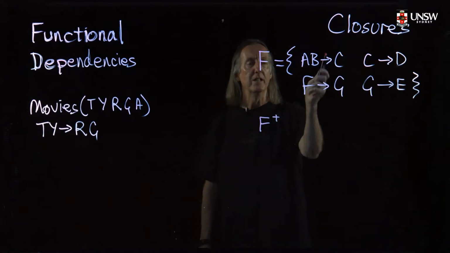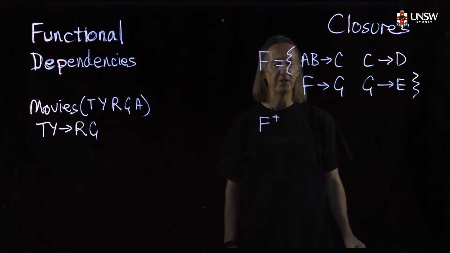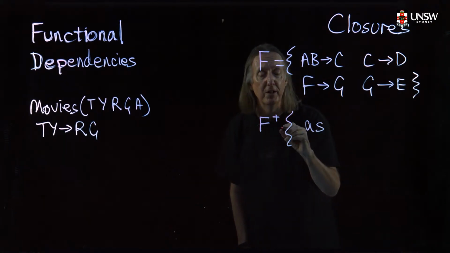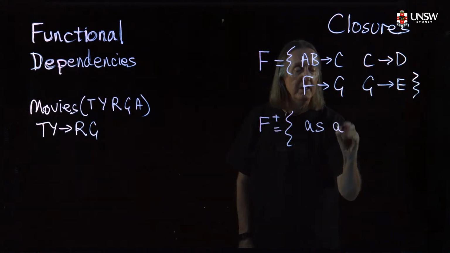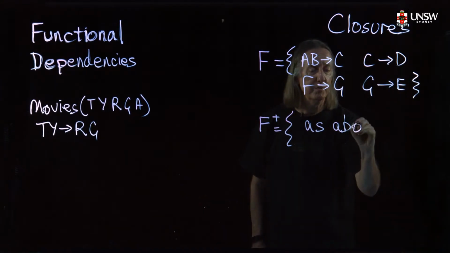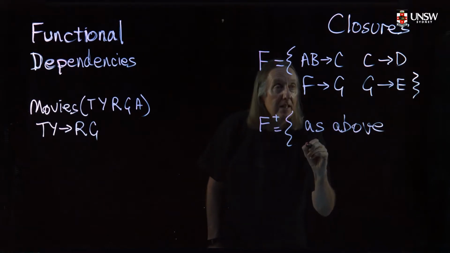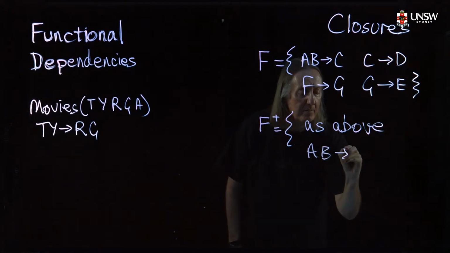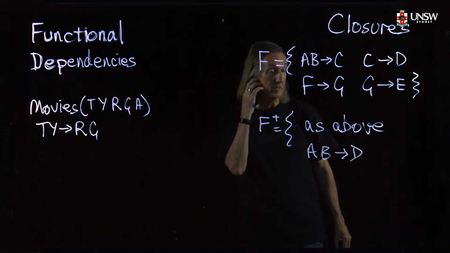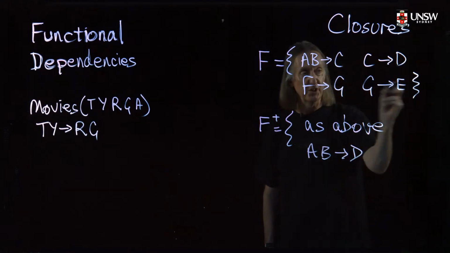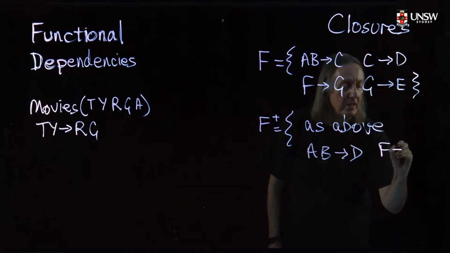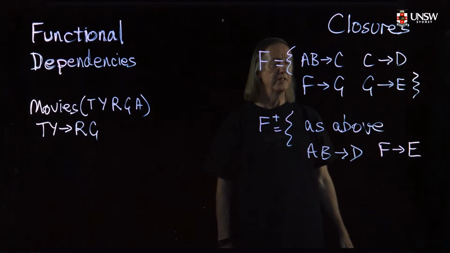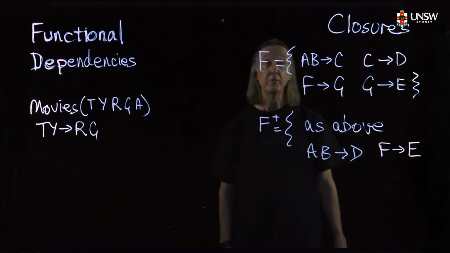Well, given the fact that AB determines C and C then determines D, one thing we can add to this set, so the set of the closure of the functional dependencies F includes obviously all of these functional dependencies, but we can also add AB determines C, C determines D, therefore AB determines D. And the other thing that we can add is that F determines G and G determines E, therefore F determines E. And that kind of process is known as transitivity of functional dependency.